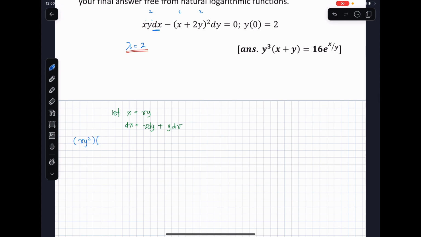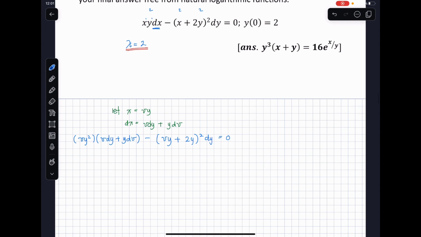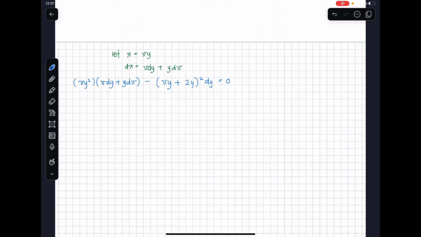And then dx is v dy plus y dv, minus, so x is vy, so plus 2y squared dy is equal to 0. From here, we have vy squared, so v dy plus y dv minus, we can factor out y, yielding y times (v plus 2) squared dy is equal to 0.